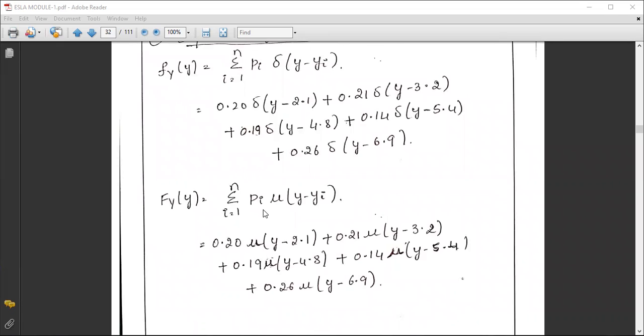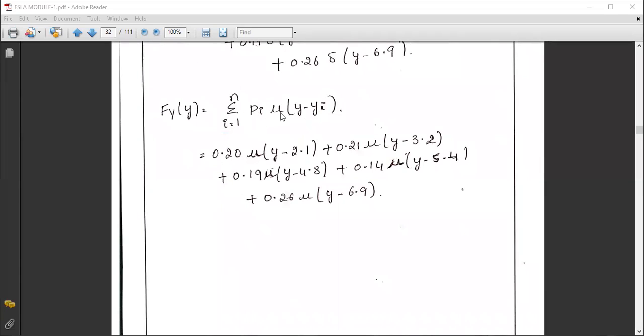Using the unit step function, F_Y(y) is the summation from i equals 1 to n of p_i times u(y - y_i). So F_Y(y) = 0.20 u(y - 2.1) + 0.21 u(y - 3.2) + 0.19 u(y - 4.8) + 0.14 u(y - 5.4) + 0.26 u(y - 6.9).